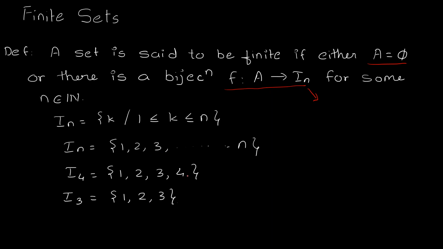For example, I_4 will contain 1, 2, 3, 4, a total of 4 elements. I_3 will contain 1, 2, 3. Similarly I_5 will contain 1, 2, 3, 4, 5, a total of 5 elements. So A is said to be finite if there exists a bijection between A and this I_n set, which is a finite set.